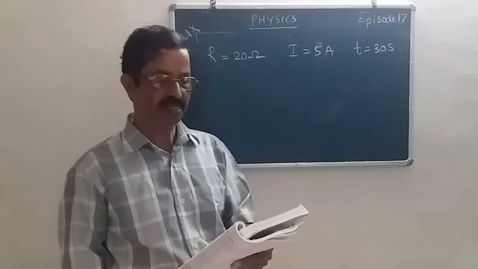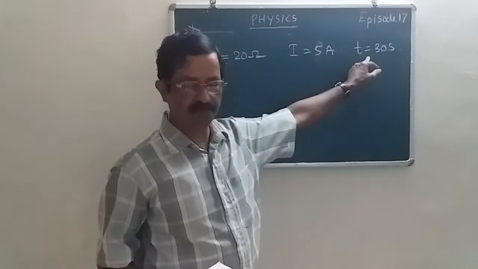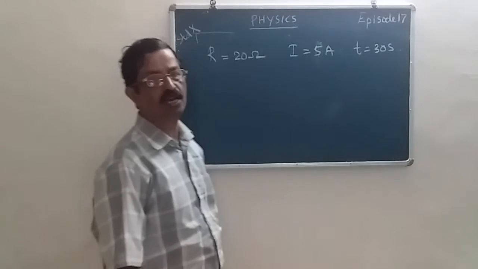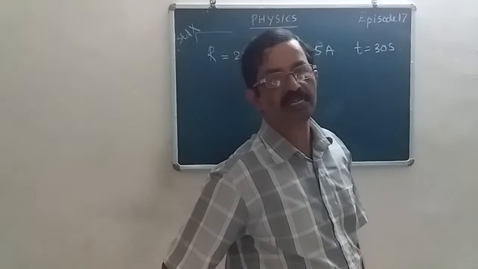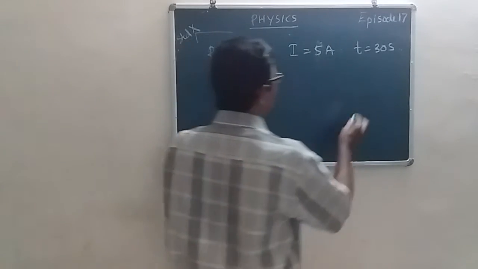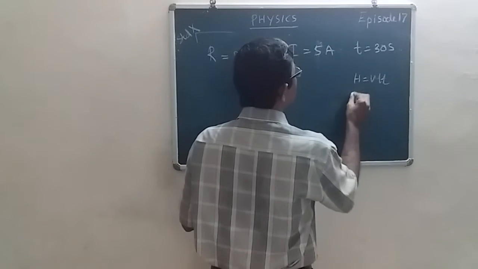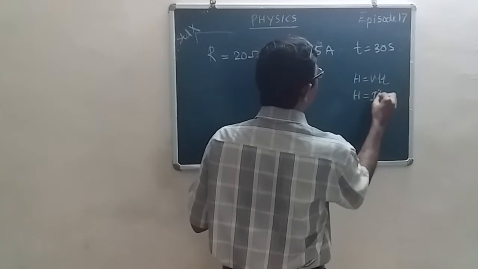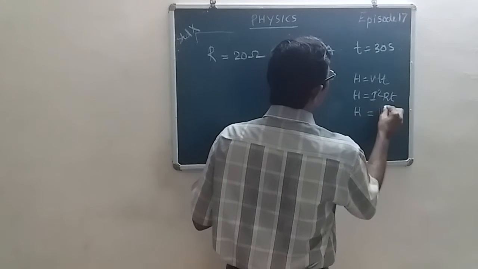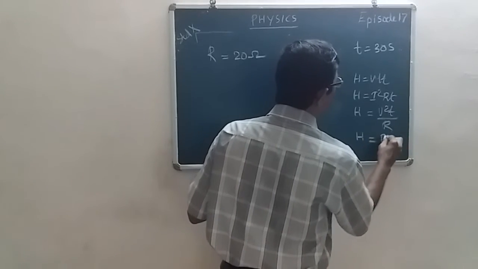See here given: resistance, current and time. So which of the relations can we use to calculate heat produced in this case? Can we use H is equal to VIT, or H is equal to I square RT, or H is equal to V square T by R, or H is equal to P into T?